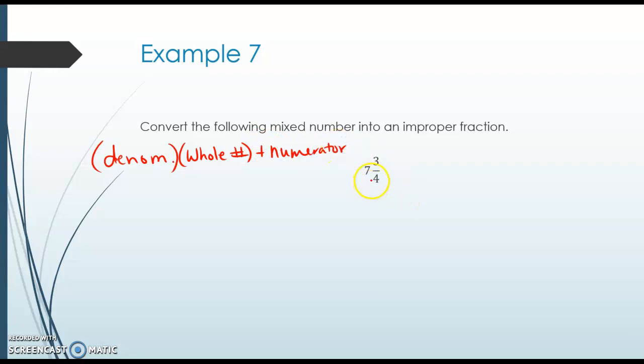That's the method. So in this case, I'm going to take 4 times 7, and then add 3. 4 times 7 is 28, and 28 plus 3 is 31.